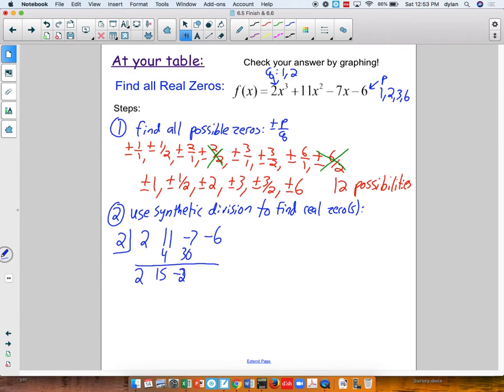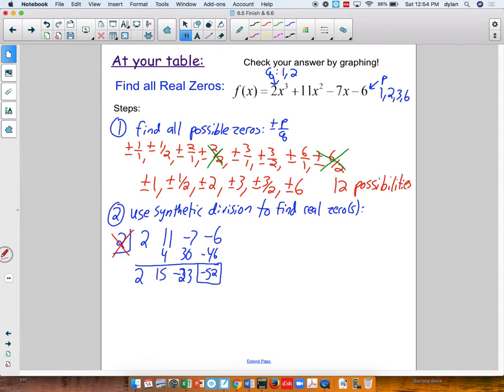Add those together and you end up with negative 23. Times 2 is negative 46. And I come up with a remainder of negative 52. So that tells me that 2 is not a possibility. 2 is a bust.